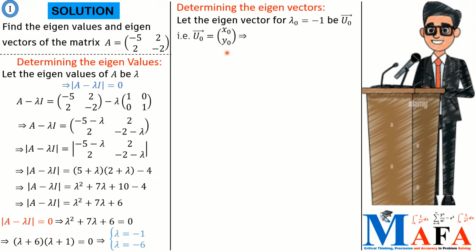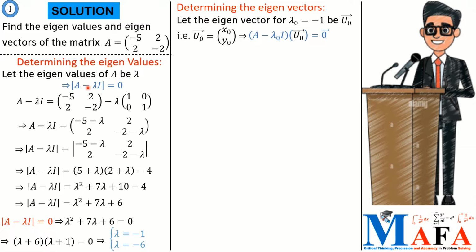Alright, so what is the definition of u being an eigenvector whose eigenvalue is lambda? It simply means that A minus lambda 0 I, I've specified lambda 0 because I am dealing with a specific eigenvalue, times my eigenvector u0 is equal to the 0 vector. So this is a mathematical definition.